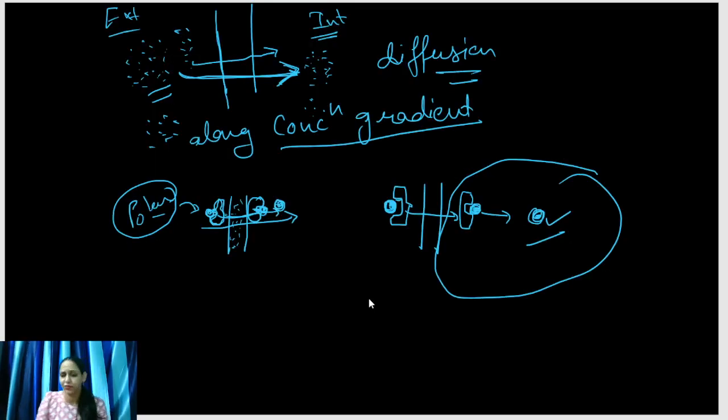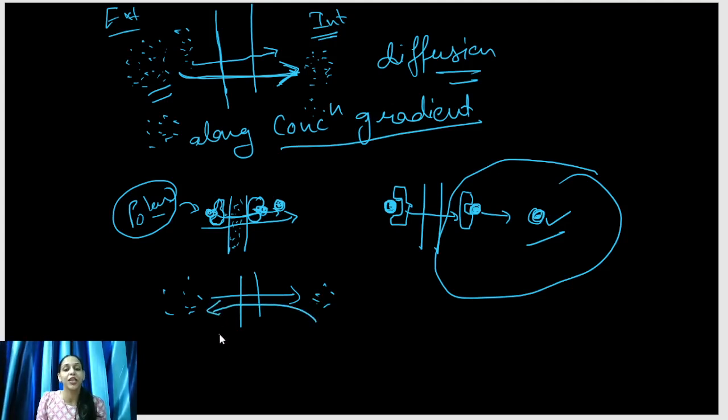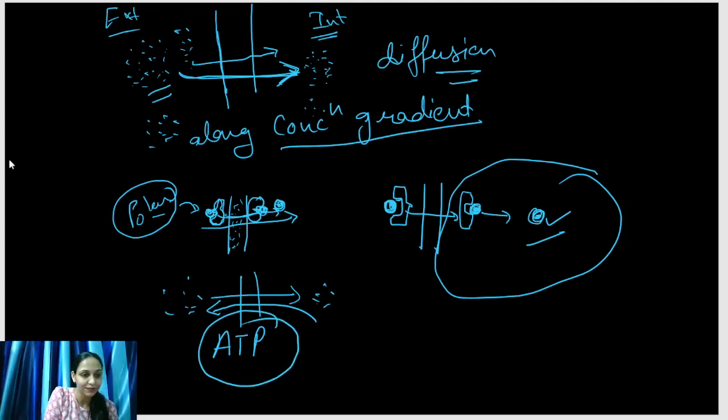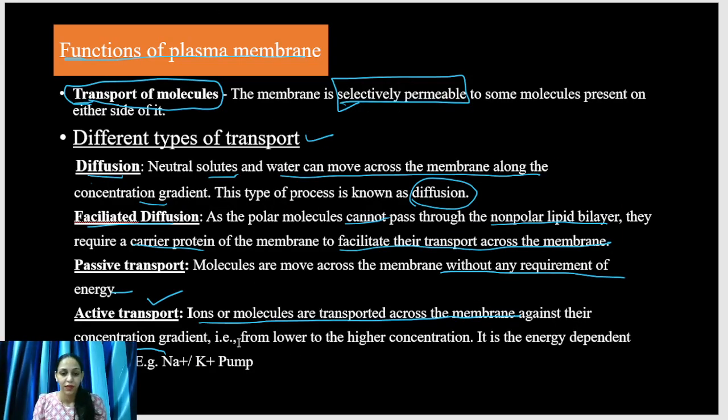In simple words, you know that from high concentration to low concentration, it is very easy to move. But from low concentration to high concentration, it requires energy, and this energy is ATP. So, ions and molecules are transported across the membrane against their concentration gradient, that is from low to high concentration.